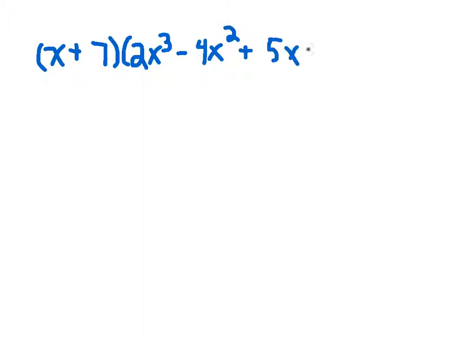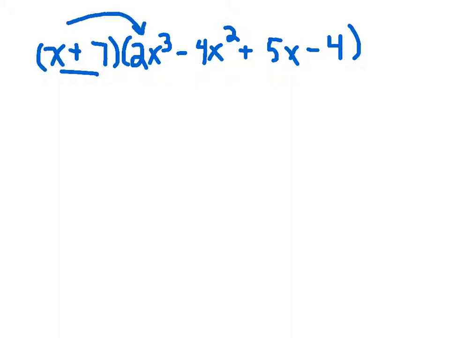So let's just say I have x plus 7 times 2x to the third minus 4x squared plus 5x minus 4. I still want to multiply each term of the first polynomial by each term of the second, so I'm going to distribute.